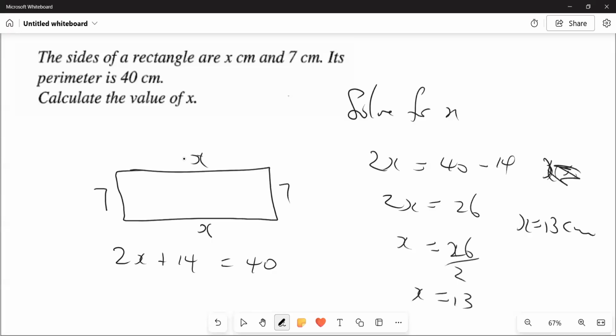So our guess that x is here makes sense because 13 is much bigger than 7.